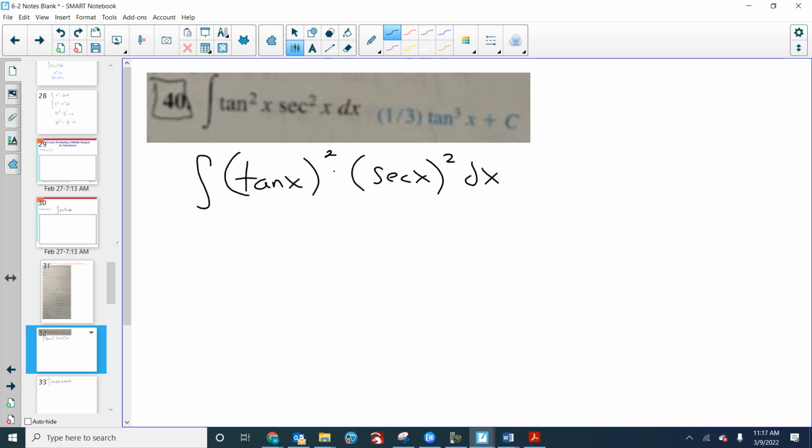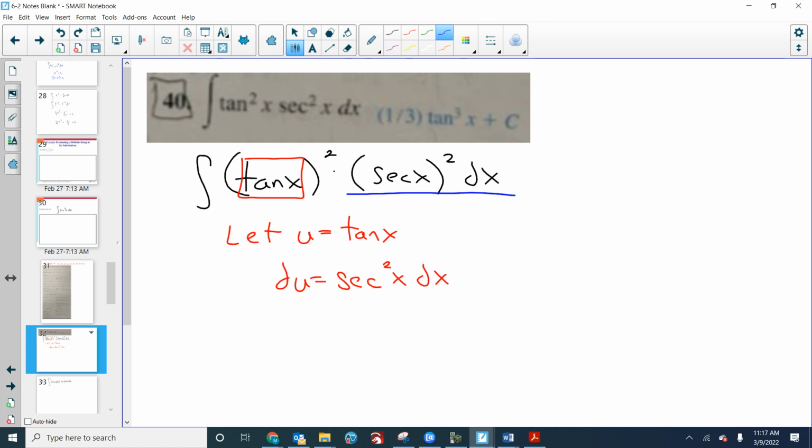All right. So let's let u equal tangent x. du is secant squared x dx. Yes, yes. Ooh, that's a nice substitution, isn't it? Beautiful. What's it going to be? The integral, antiderivative of u squared du.